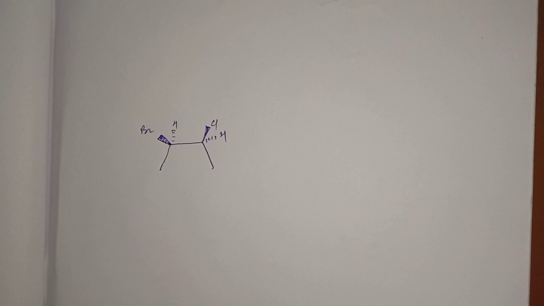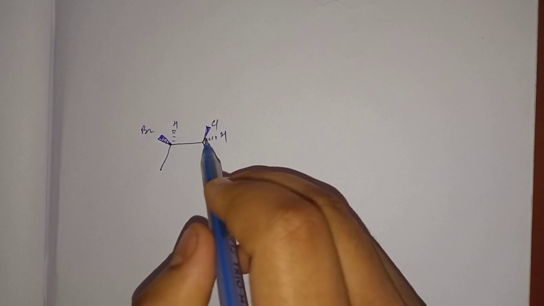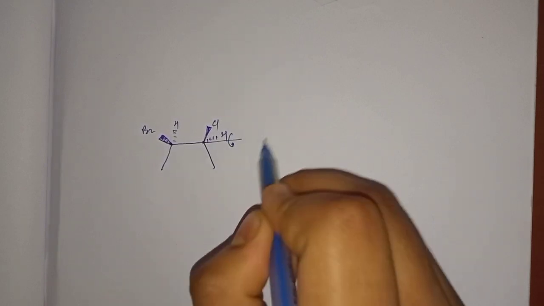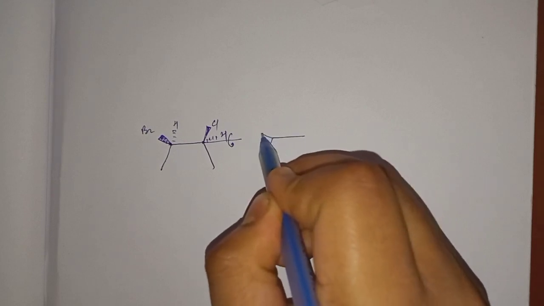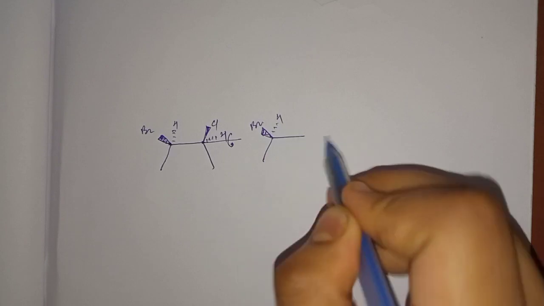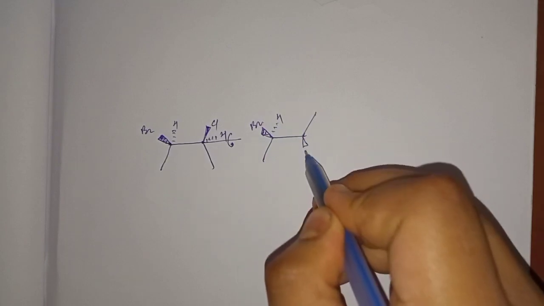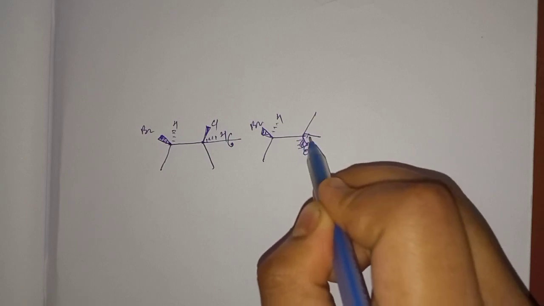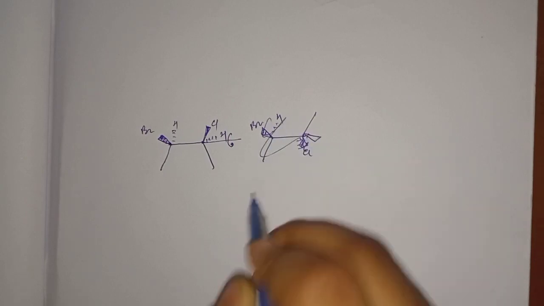But you must be very careful when the question deals with linear compounds, in which the carbon atoms are not restricted to rotate. That is, the carbon atoms are free to rotate. See, in this compound, the carbon atom rotates like this. So what we will get is, sorry, let me draw this again.